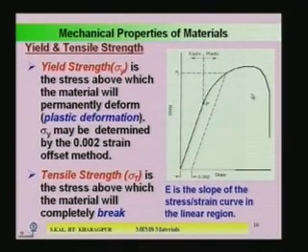So, with respect to this there are two other definitions, one known as yield strength, another known as tensile strength. What are those definitions? You can see here sigma y, which is the yield strength, is the stress above which the material will permanently deform, which is known as plastic deformation. So, that is this point; from here to here is plastic deformation, known as permanent deformation.